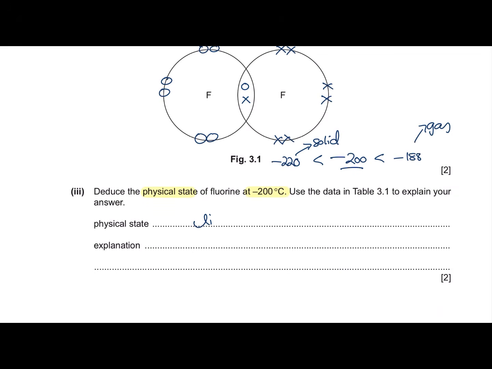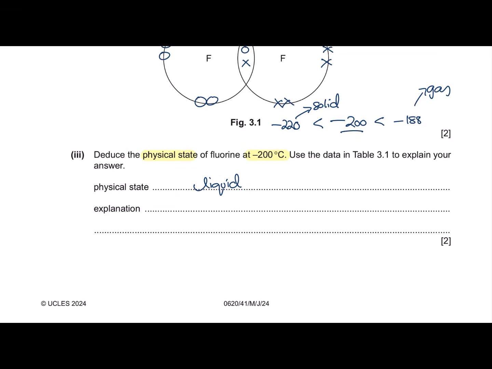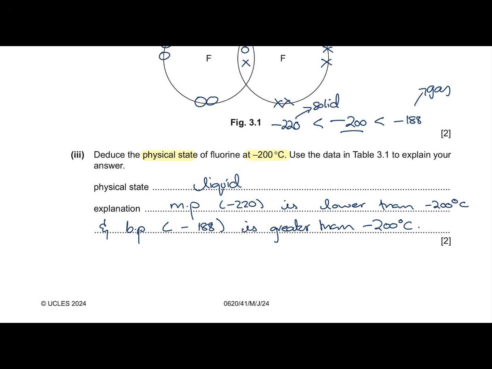So the physical state would be liquid, and the explanation for this would be that the melting point negative 220 is lower than negative 200 degrees Celsius, and the boiling point negative 188 is greater than negative 200 degrees Celsius.